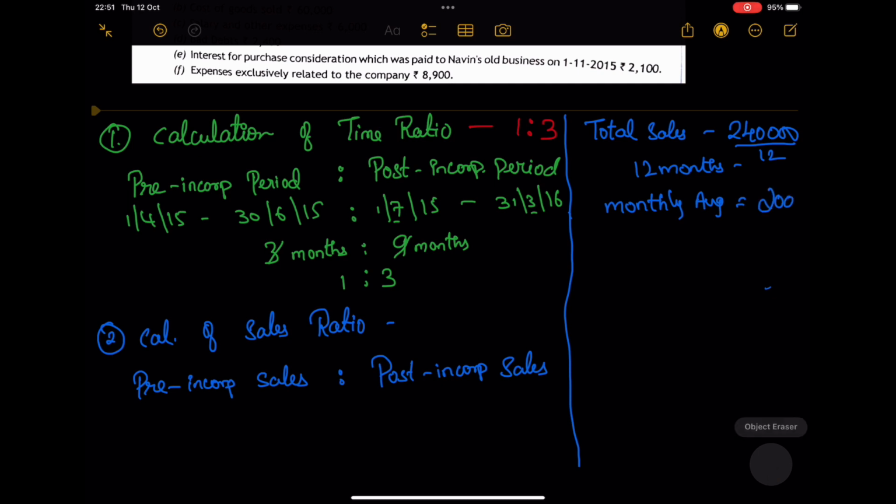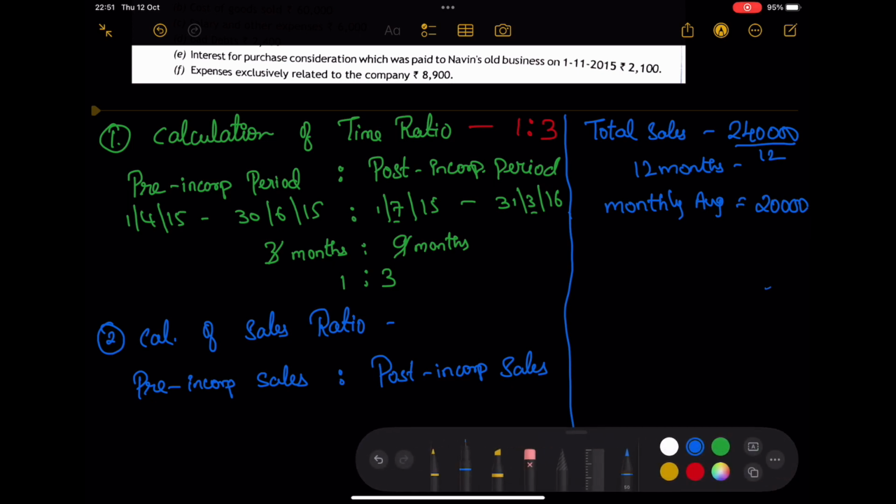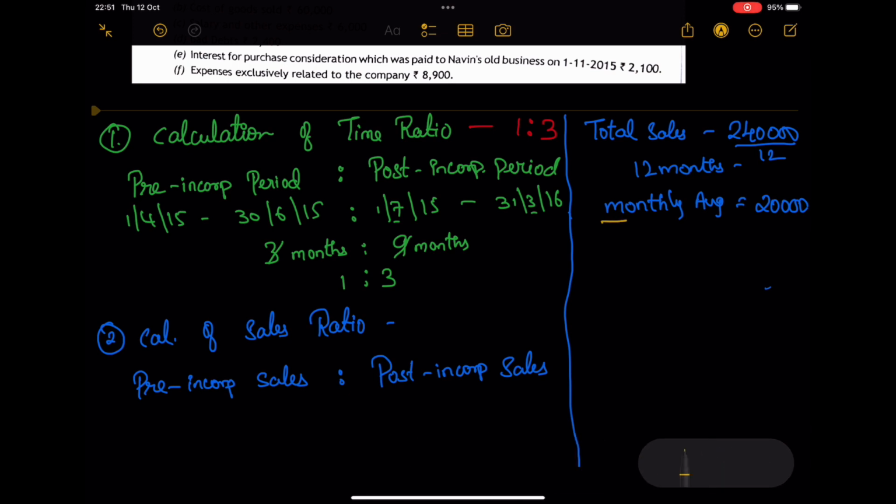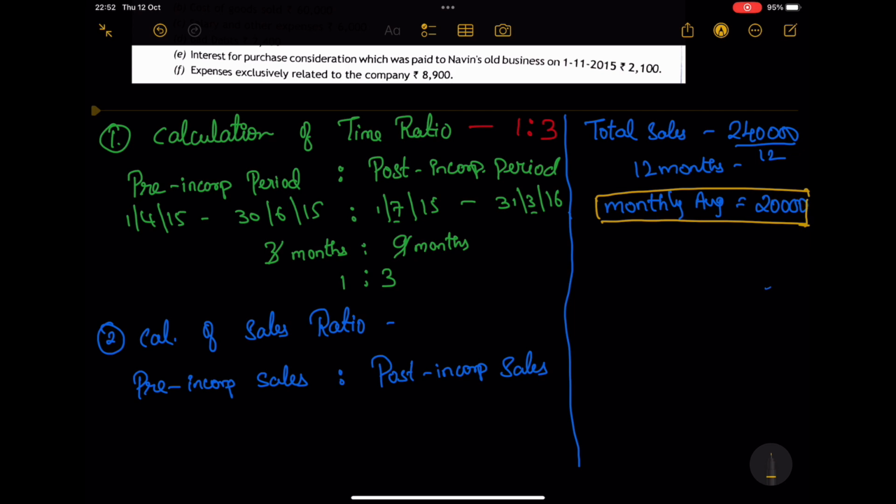Got it? I'll just show it clearly. 12 twos are 24, and zeros will be carried. Got it? This is the average monthly sales. Based on this we are going to calculate it.